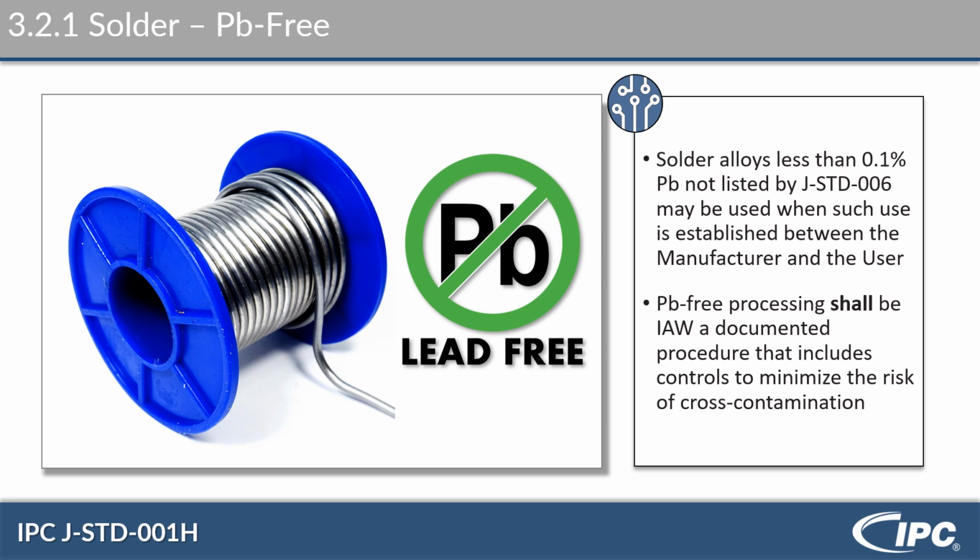Solder alloys less than 0.1% lead, not listed in J Standard 006, may be used when such use is established between the manufacturer and the user. And lead-free processing shall be in accordance with a documented procedure that includes controls to minimize the risk of cross-contamination.